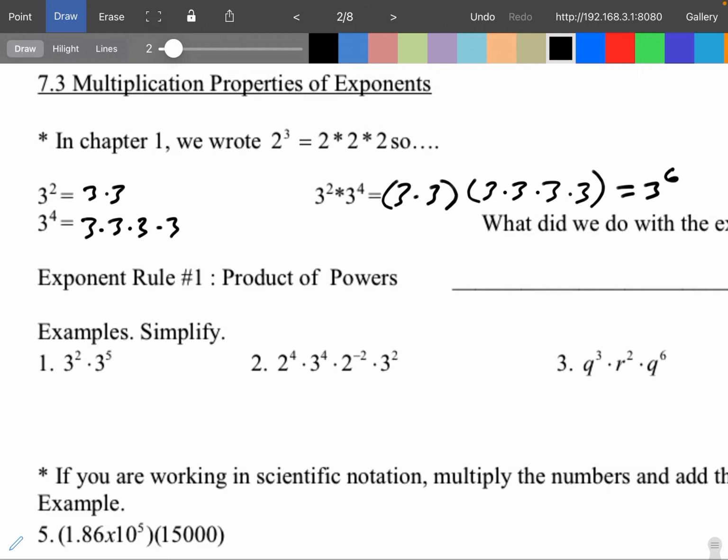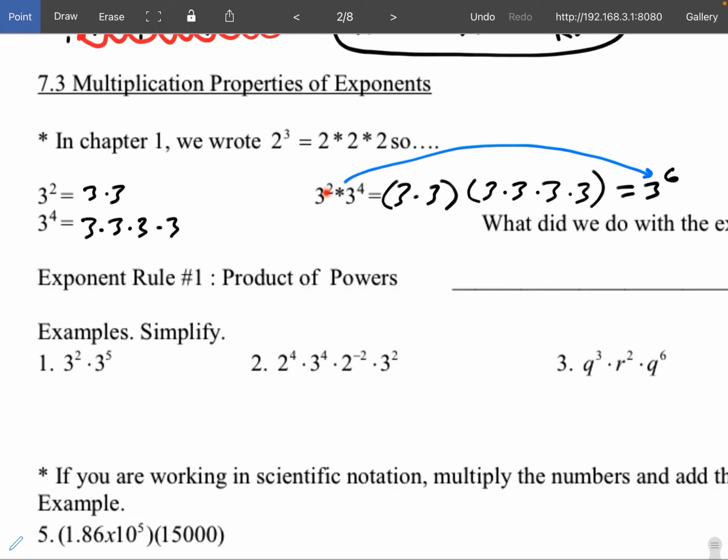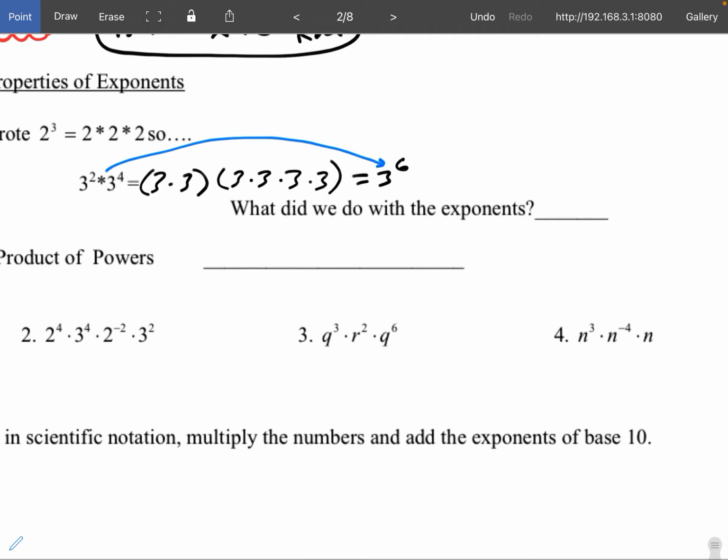So then, kind of ignoring what's in the middle, what did you do as a shortcut to get from here all the way to here? 2 plus 4. Yeah, 2 plus 4, right? So you added the exponents. So if you have the same base, there's a 3 and a 3, and you multiply them together, all you got to do is add the powers, okay? So that's what that blank says here.